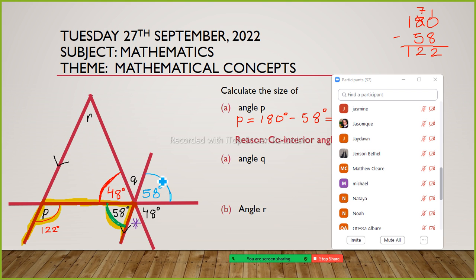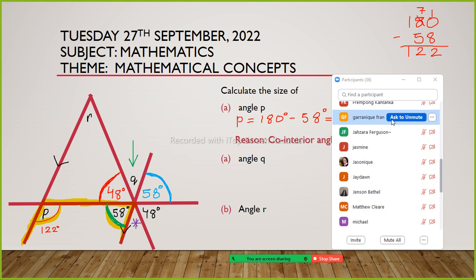We're still trying to figure out what Q is. We know that on one side we have 48 and on the other side we have 58. How are we going to figure out what Q is? I think you have to add it.